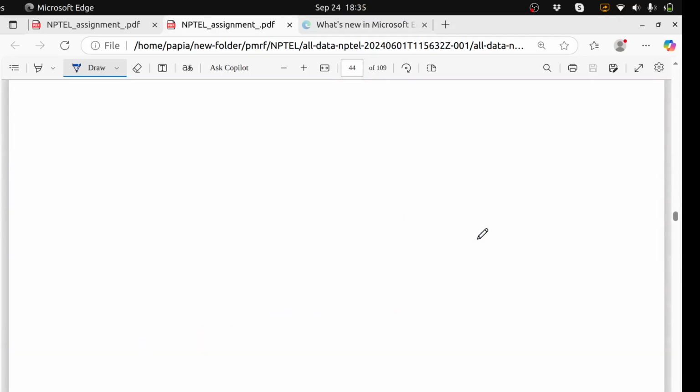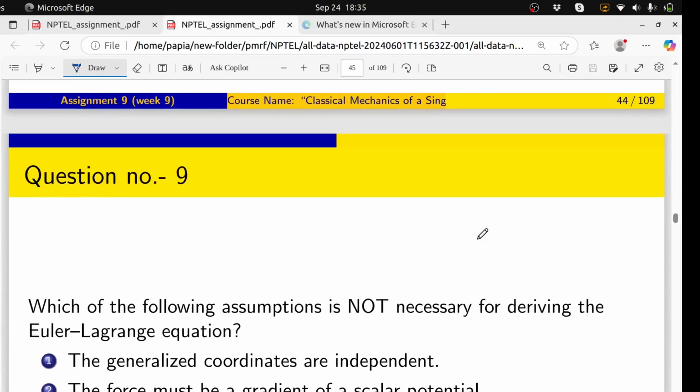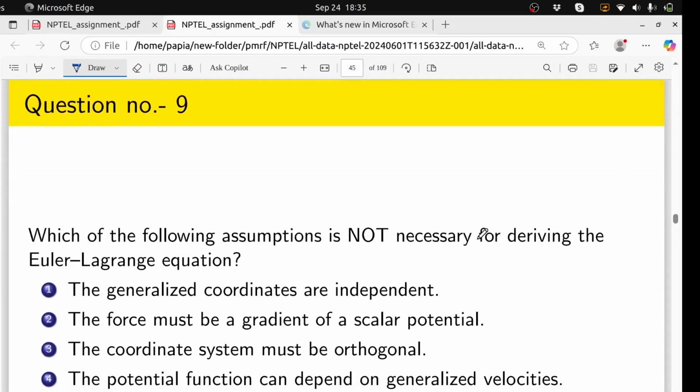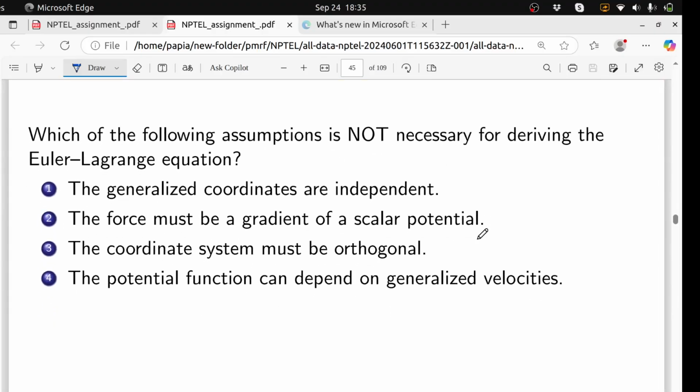Okay, now come to the next question. Question number 9. Which of the following assumptions is not necessary for deriving the Euler-Lagrange equation? Okay. So this is exactly similar to the previous one we were talking about. The generalized coordinates are independent.